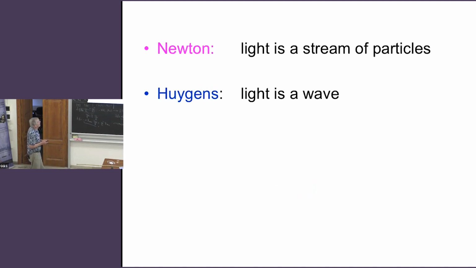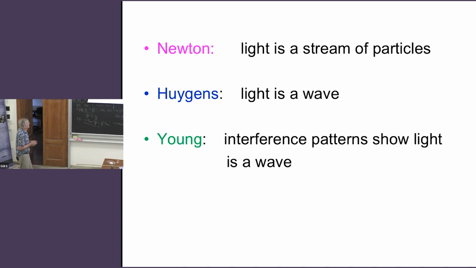And they made 2 assumptions. Newton interpreted it in terms of a stream of particles, and Huygens in terms of a wave. And I think that's very interesting, because today, some of us interpret dark matter as particles and some as a wave. So we want to know which one is correct.